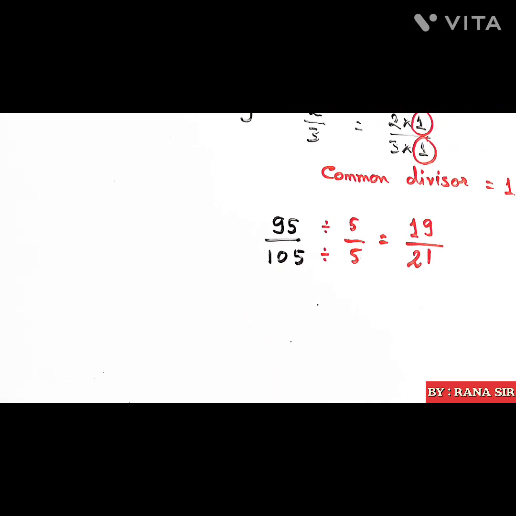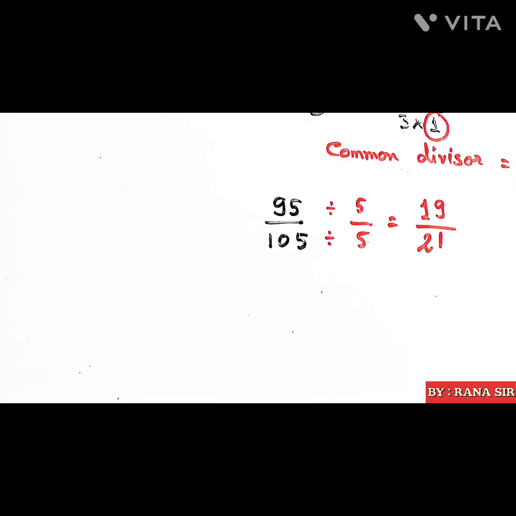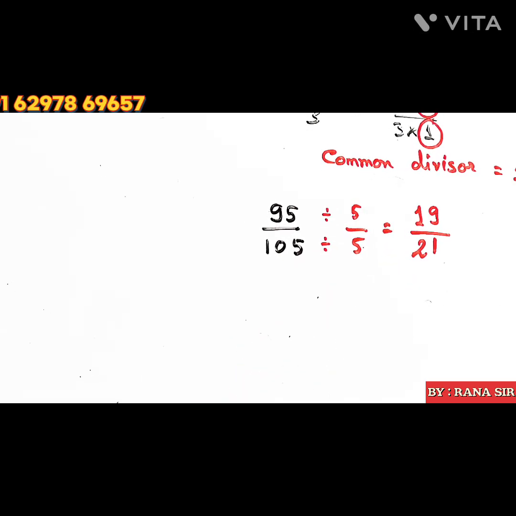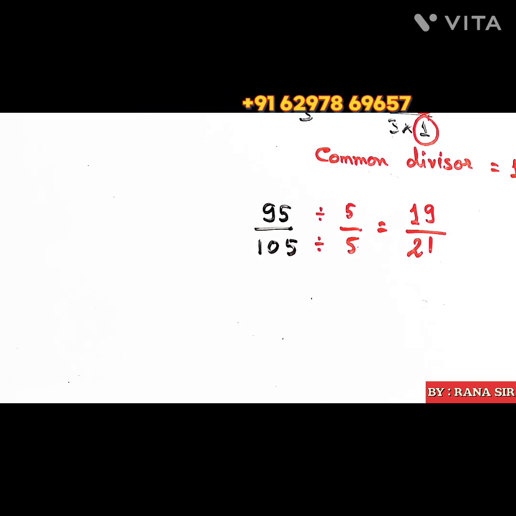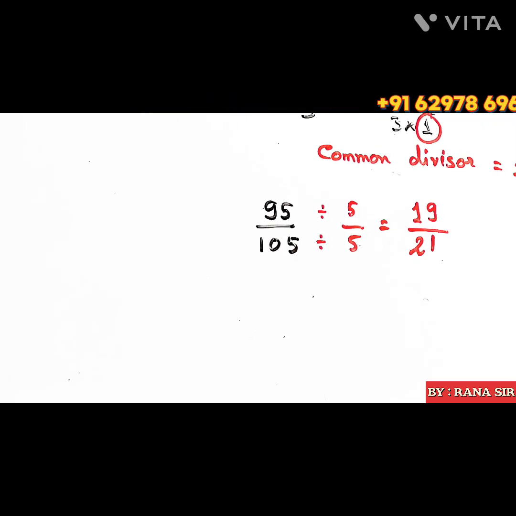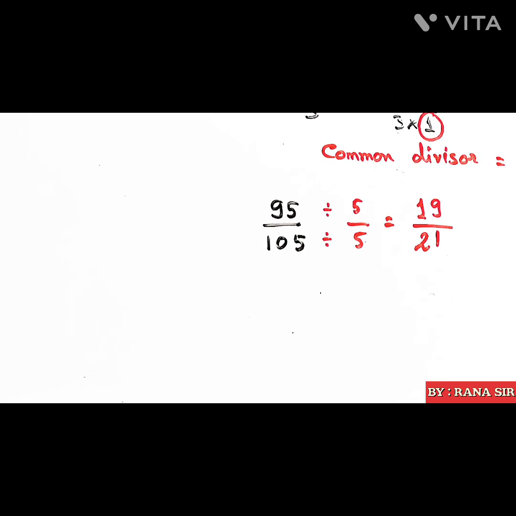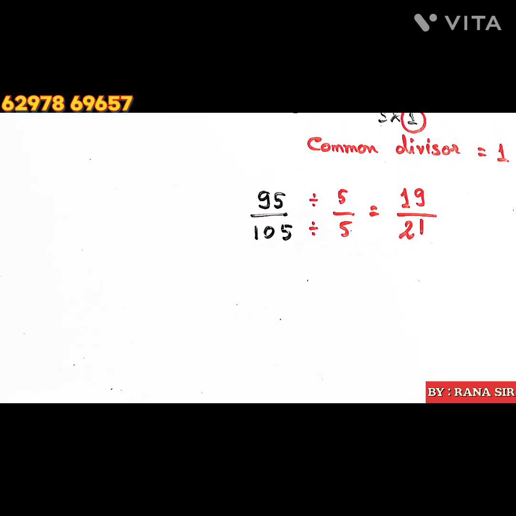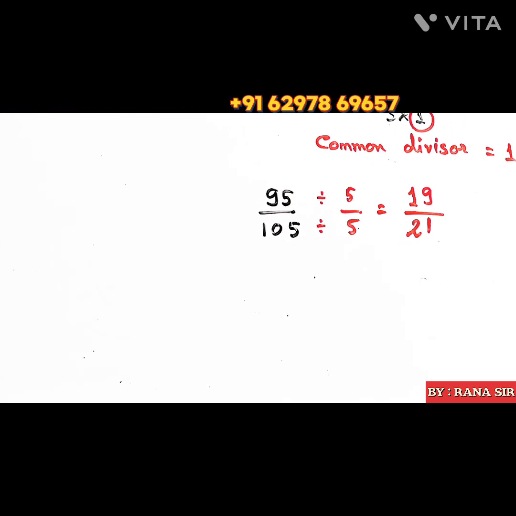Remember that an equivalent fraction is achieved if both numbers are divided by the same number. So 95 and 105 are divided by 5. 95 divided by 5 is 19, and 105 divided by 5 is 21. Do 19 and 21 have any other common divisor other than 1? The answer is no. 19 into 1, 21 into 1. So 1 is the only common divisor, and 19 by 21 is the rational number in its standard form.